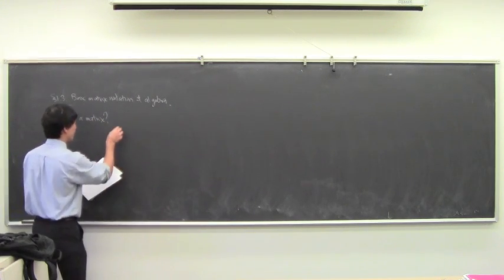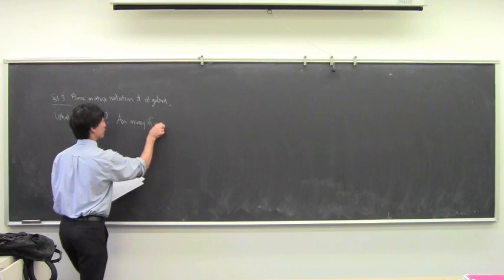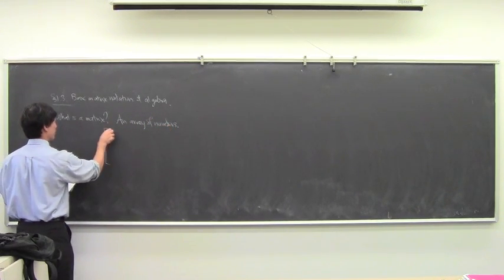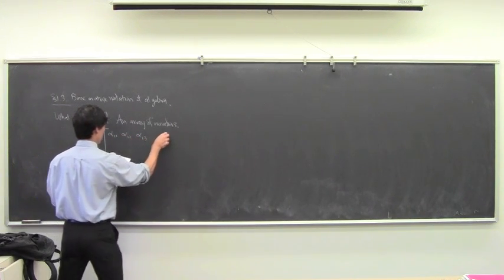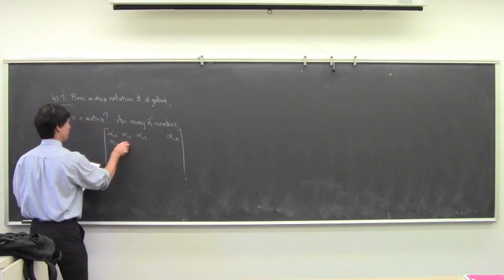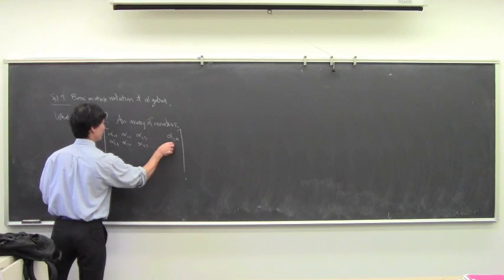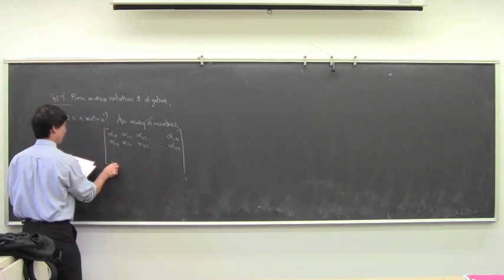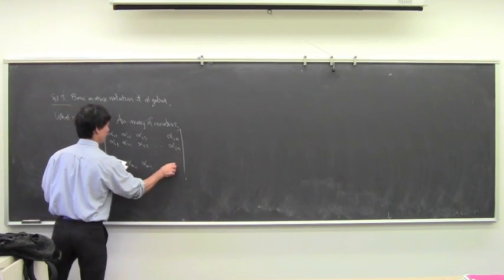Well, it's simply an array of numbers. So you've got something like alpha 1,1, alpha 1,2, alpha 1,3, up to alpha 1,n, alpha 2,1, alpha 2,2, where each of these alpha ij's is some number, up to alpha 2,n, and so on, down to alpha m1, alpha m2, alpha m3, alpha mn.